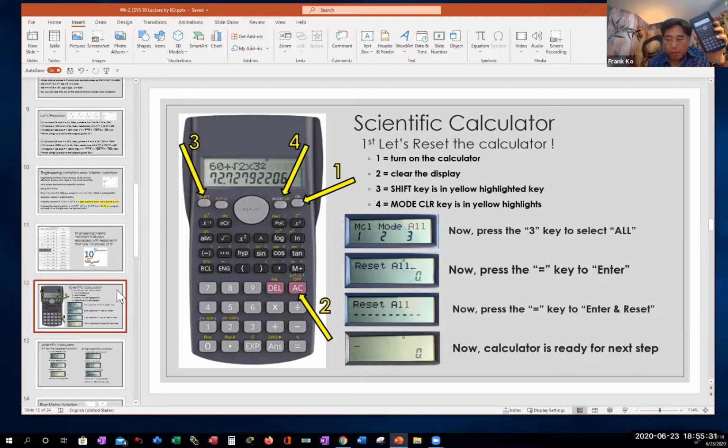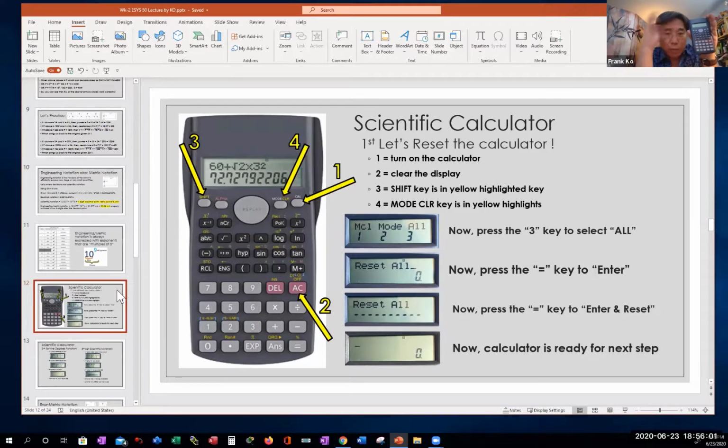And if your calculator is a Texas Instruments, Hewlett-Packard, Sharp, Casio, you'll have to refer to the manual. Since this is the calculator specified in our syllabus, the documentation in our PowerPoint will be specific to this one. The functionality that we want to achieve will be the same for all your calculators.